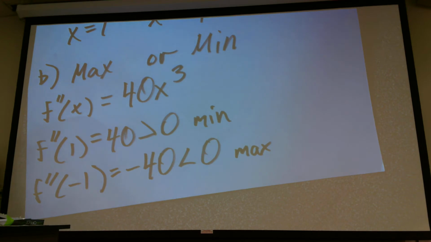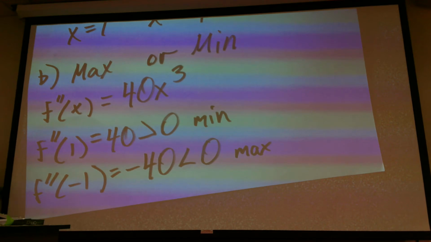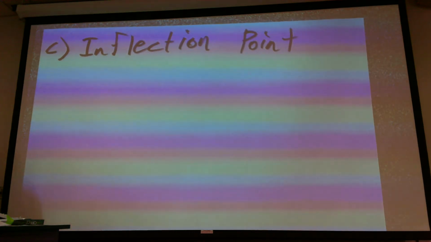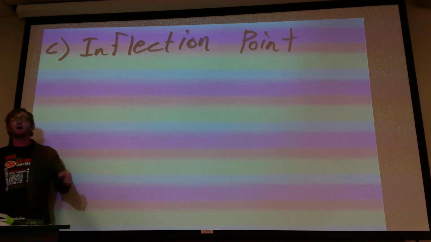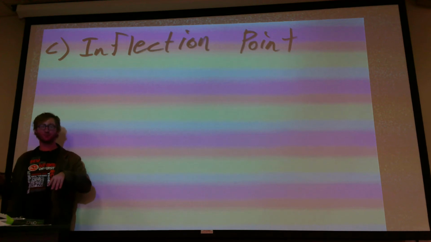All right. Okay, so the next part of the problem, part C, is finding the inflection point. So when you're looking for the inflection point, remember, this is the point where it changes from being concave up to concave down, or vice versa.